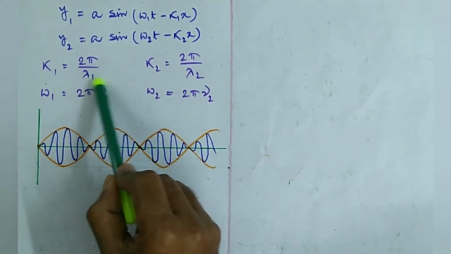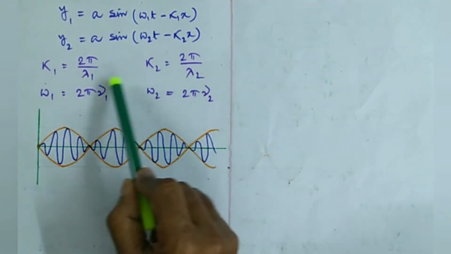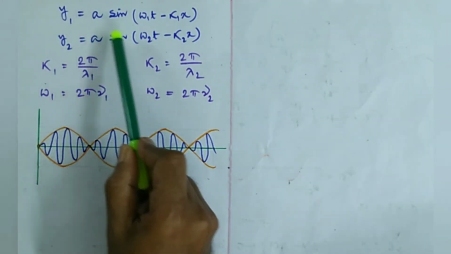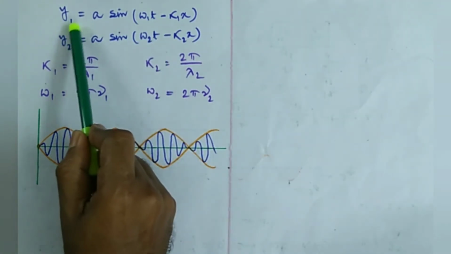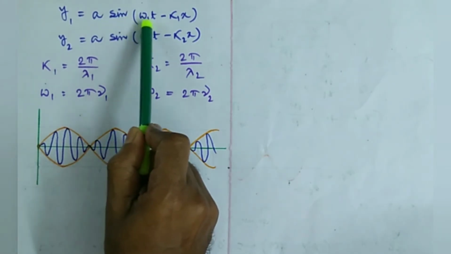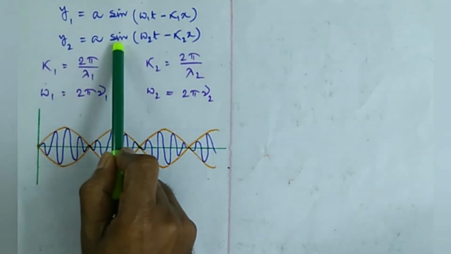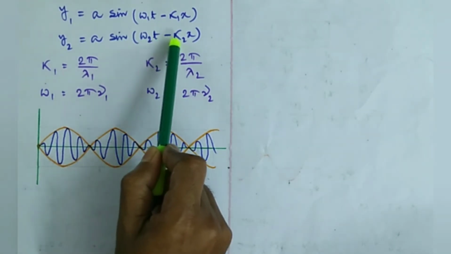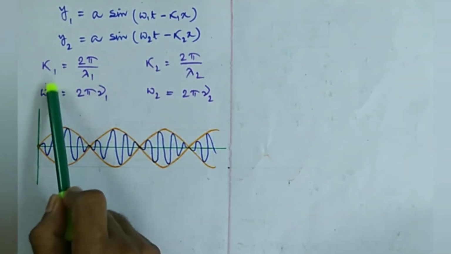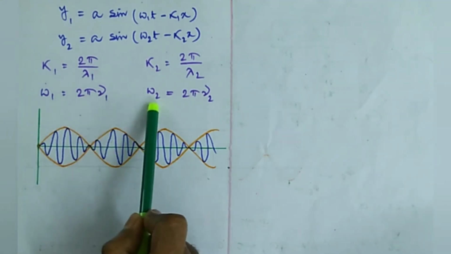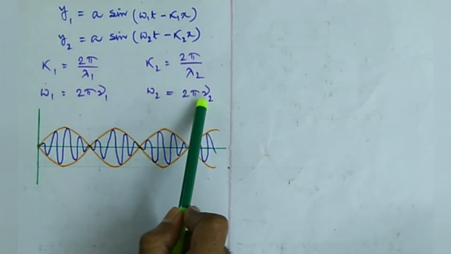If lambda 1 and lambda 2 are the wavelengths of the waves, then the waves are represented as y1 equal to a sin (omega 1 t minus k1 x) and y2 equal to a sin (omega 2 t minus k2 x), where omega 1 equal to 2 pi nu1 and omega 2 equal to 2 pi nu2.